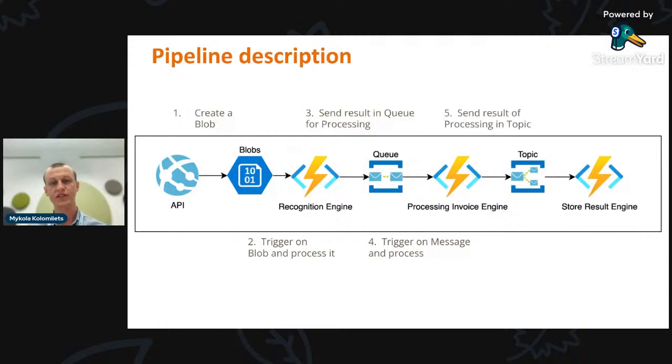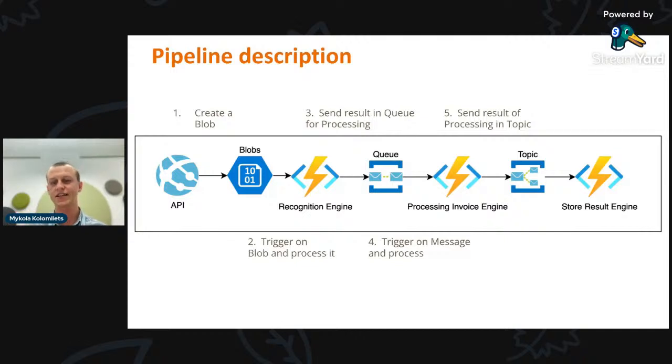And the processing engine will send the result of the processing in the topic here, because we can have different types of results. We can receive a successful result, that this document was recognized successfully. We have enough information for business processing.